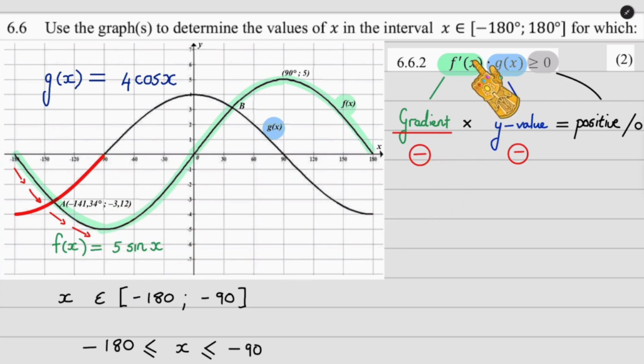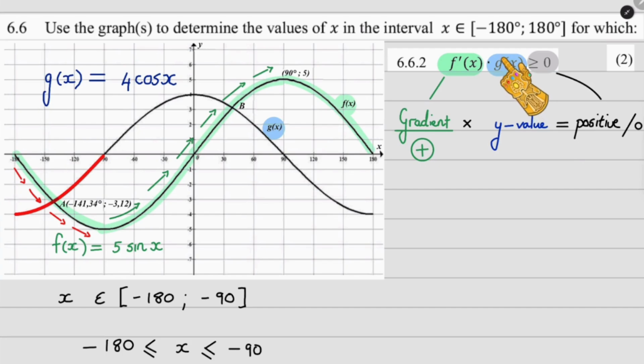So let's firstly have a look at what the gradient is doing for the green graph. So going from left to right, imagine you're driving a car on top of the graph. You can see I'll start to go uphill now. So this gradient is all of a sudden positive now. And then we need to analyze the y value of the blue graph. So after negative 90, it's got a y value that's positive for quite a while.